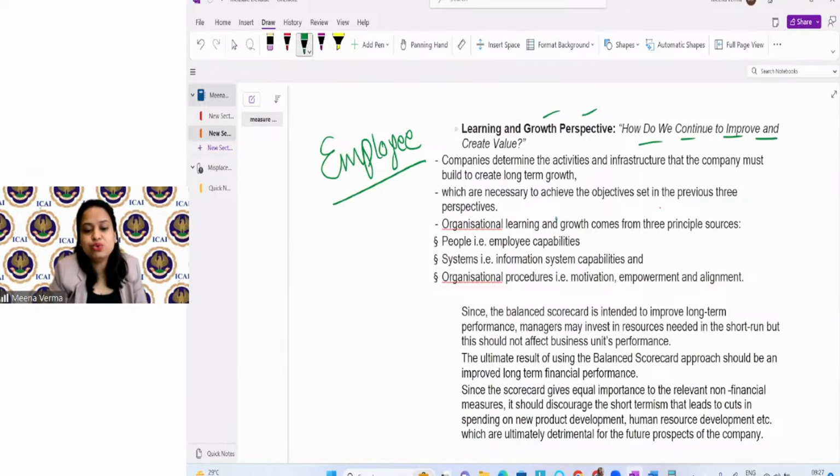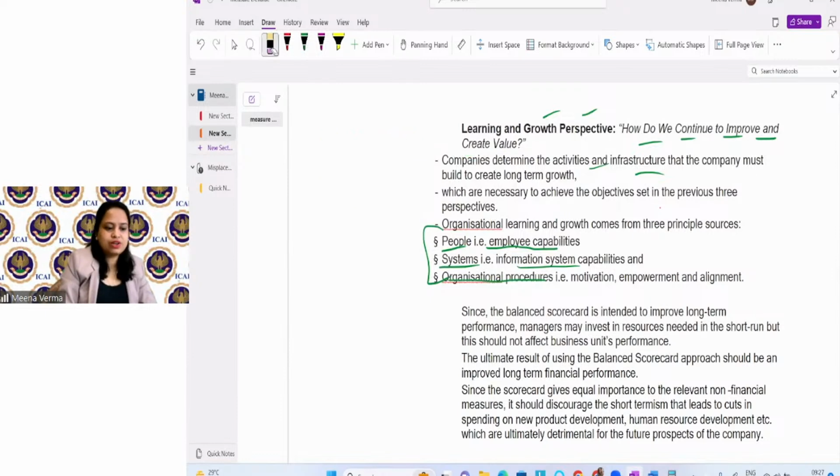How do we continue to improve and create value for the customer? So improvement of what? Infrastructure of the company and activity of the company. You will improve all the employees, the people, the system of the company and the processes of the organization. You will improve all these things here.